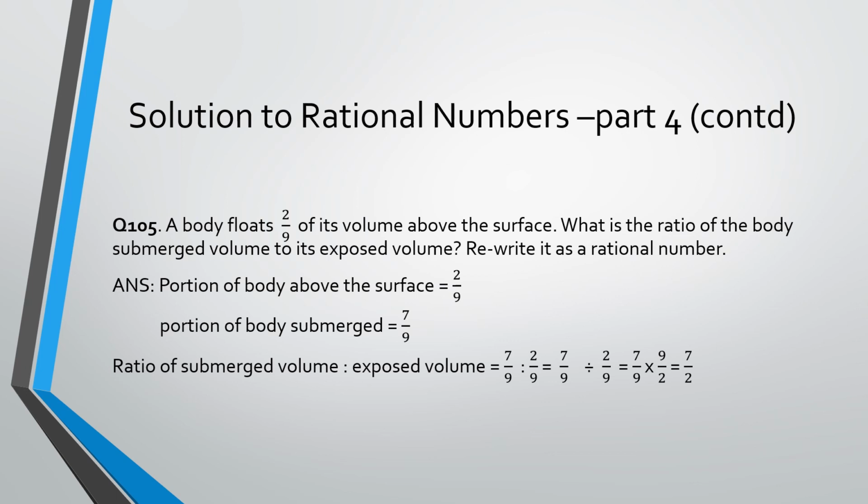Remainder means from 1, if you subtract 2 by 9, we get 7 by 9. So now the ratio between the submerged volume to the exposed volume, that means 7 by 9 is to 2 by 9. So if you write it like this, 7 by 9 divide by 2 by 9, so it becomes 7 by 9 multiply by 9 by 2, and we get 7 by 2. So that is in the rational number form.